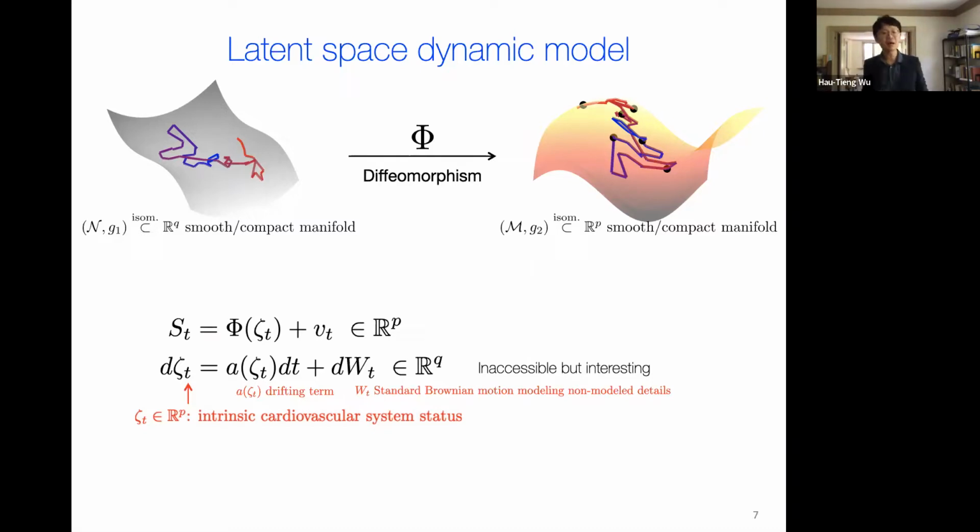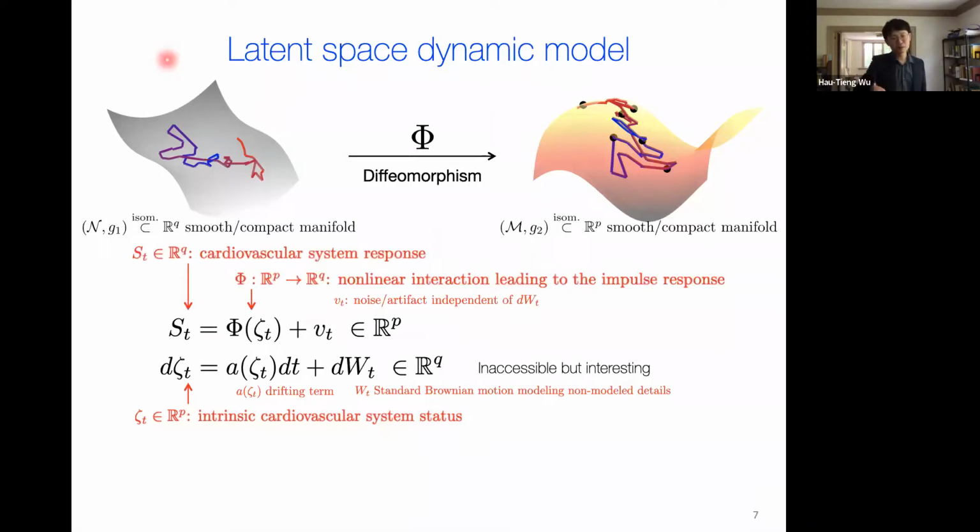This is the model describing what's going on on the left-hand side. There will be some dynamics, and we want to understand these dynamics in the end, but they are inaccessible to us. What we can access is S_t, which is on the right-hand side.